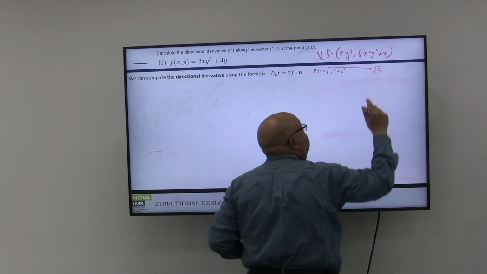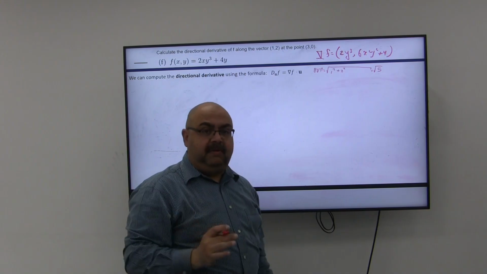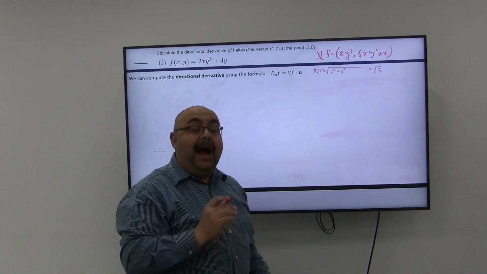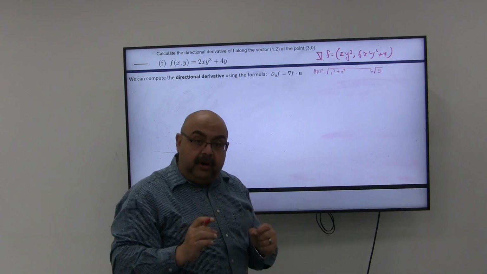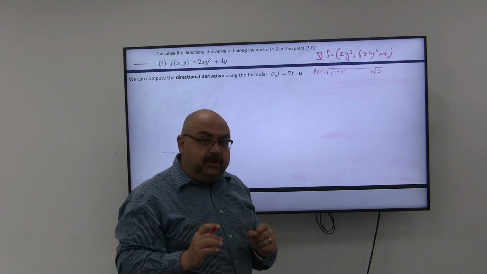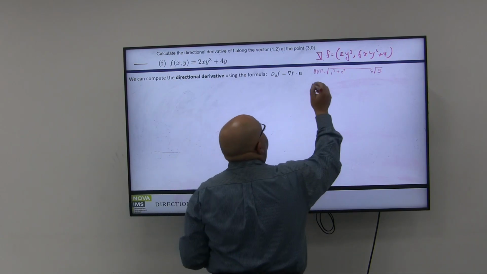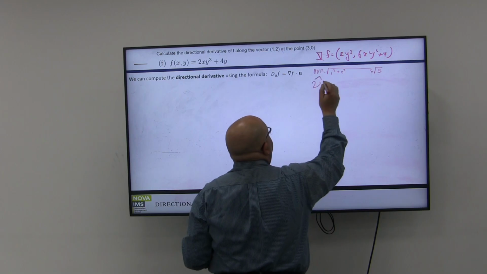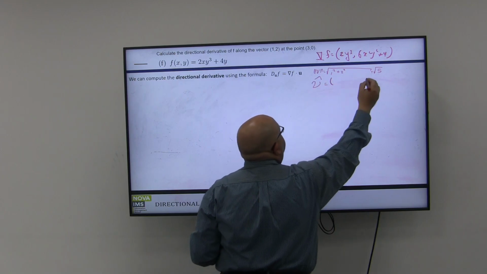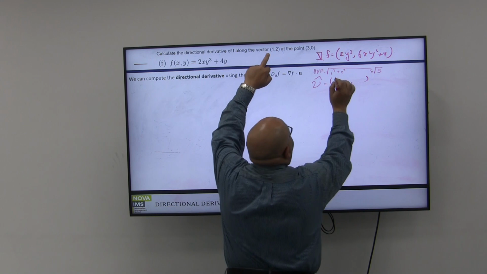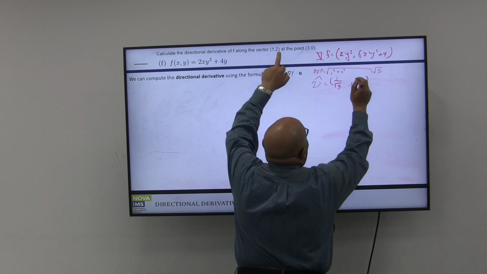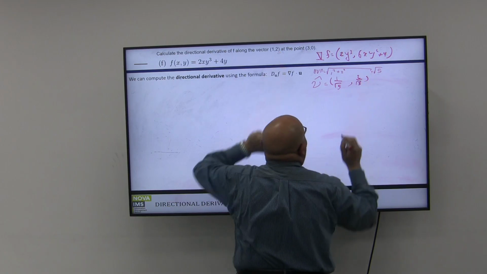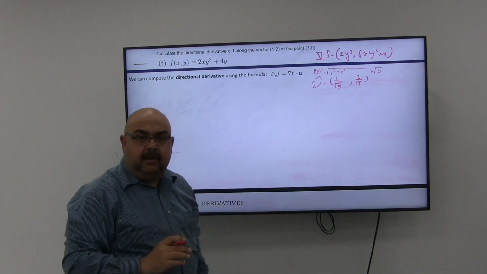Since this number is not equal to 1, it's not a unit vector. How to change it to be a unit vector? I will divide the components of the vector by this magnitude. So my new vector V, which is a unit vector, is 1 over root 5 and 2 over root 5. Now I'm almost done.